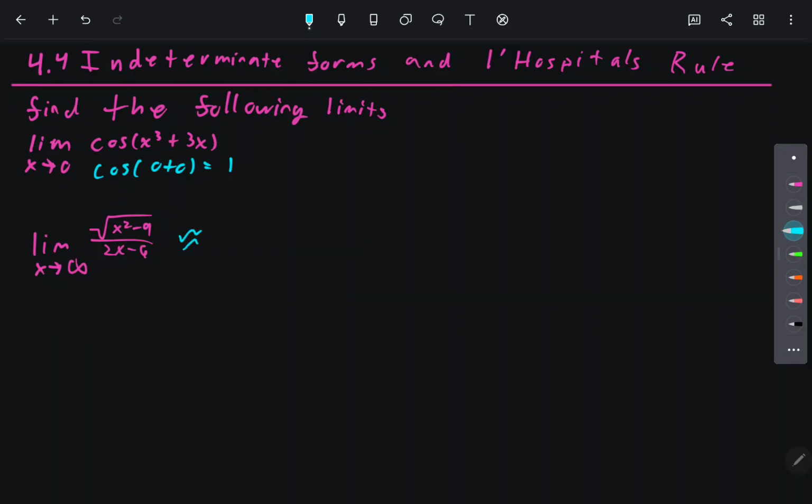So what this function starts to look like is just the square root of x squared over 2x. Well, the square root of x squared, we know, is the absolute value of x over 2x. And because x is positive, because we're going to positive infinity, we don't have to worry about it. Then we can cancel this x and that x in the denominator and get 1/2 for the solution to our limit.